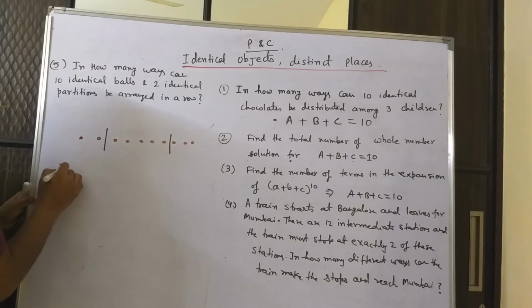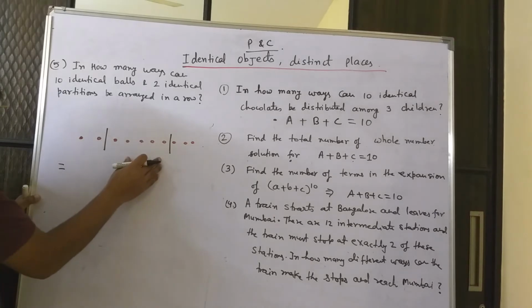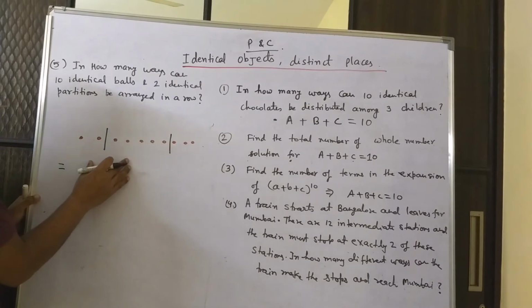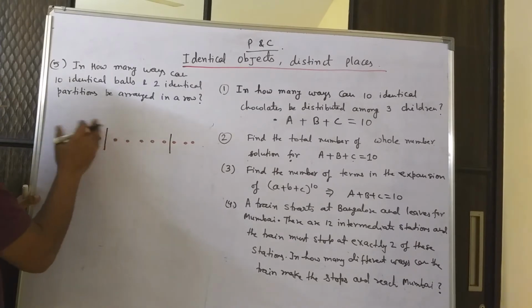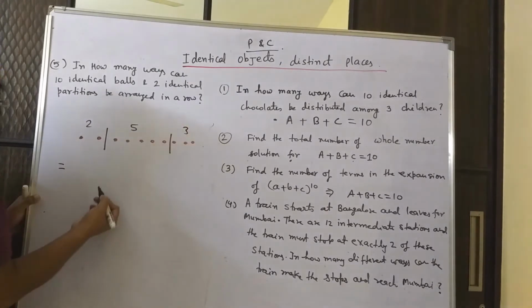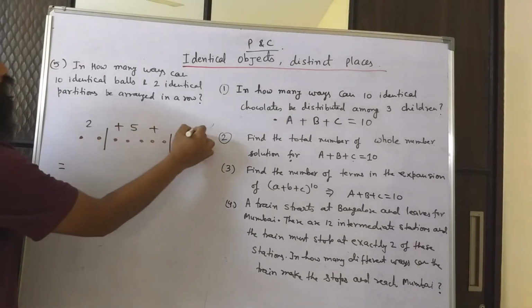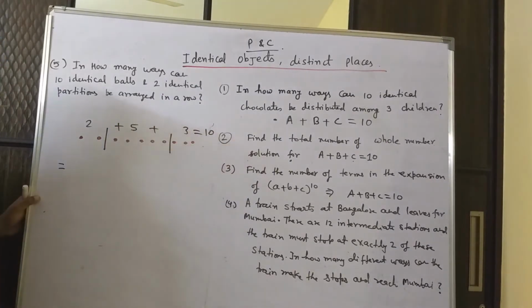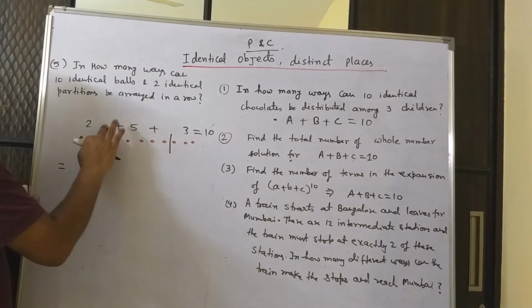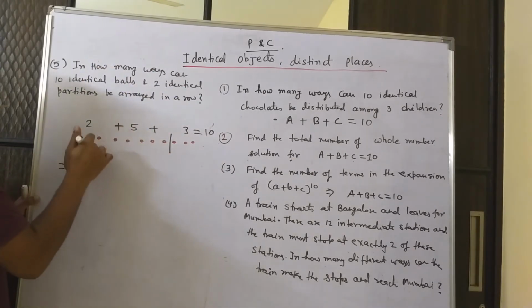Now, this question will also have the same solution, because you can see there are 10 balls, and these 2 partitions are splitting them into 3 groups. Like here the groups are 2 balls, 5 balls and 3 balls. So here also 2 plus 5 plus 3 equals 10. So any arrangement will lead to one solution. Suppose I take this partition and move it here.